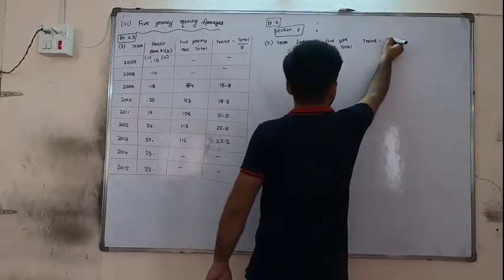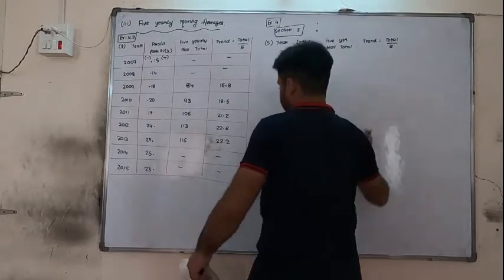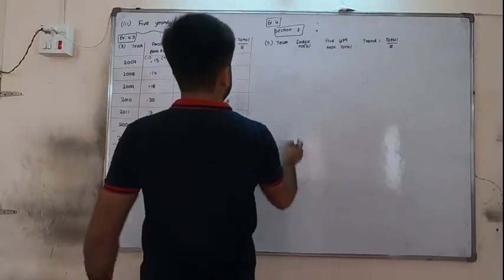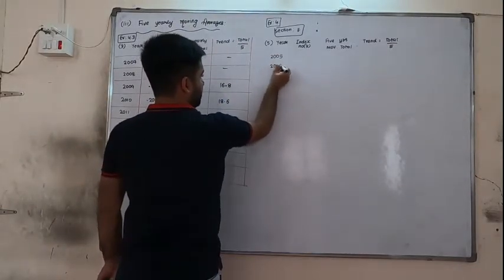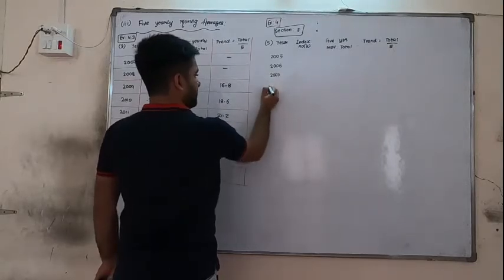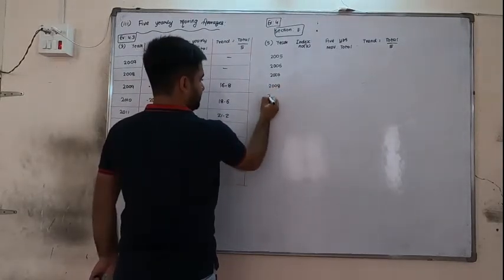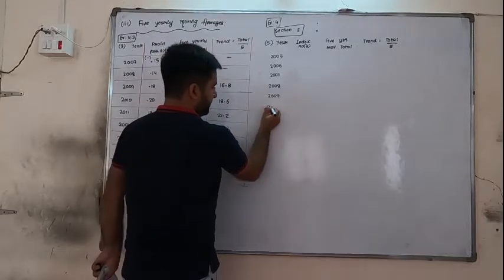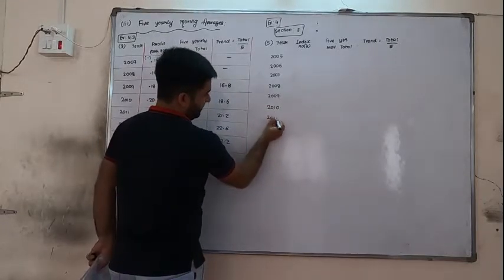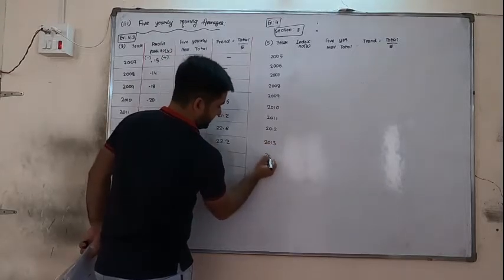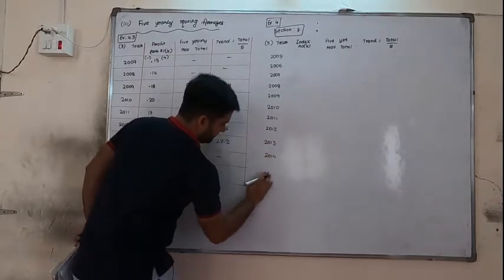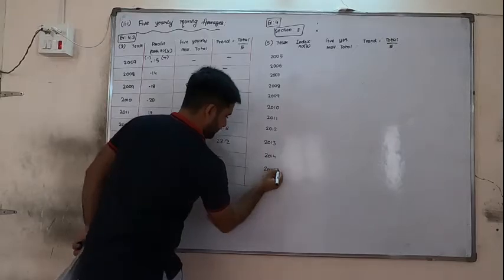Trend is equal to total by 5. From 2005 to 2015: 2005, 2006, 7, 8, 9, 10, 11, 12, 13, 14 and 15.